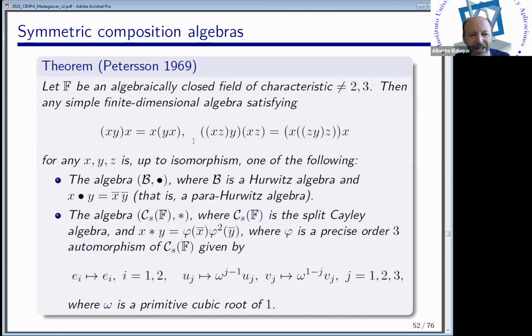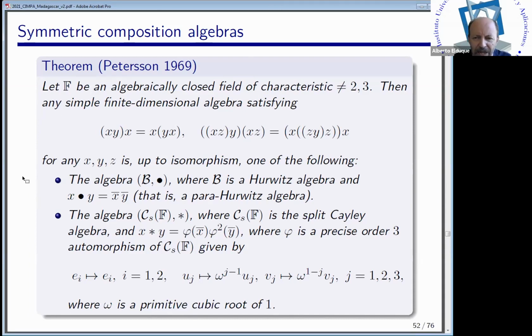So I guess that was the motivation behind this result. And what Petersson proved is that if we are dealing with an algebraically closed field in characteristic different from 2 and 3, otherwise this is not true, then the only simple finite dimensional algebras satisfying these two identities are para-Hurwitz algebras or one other algebra.